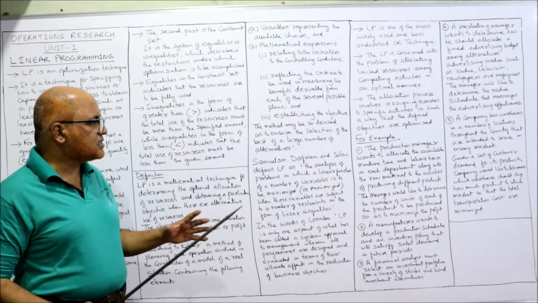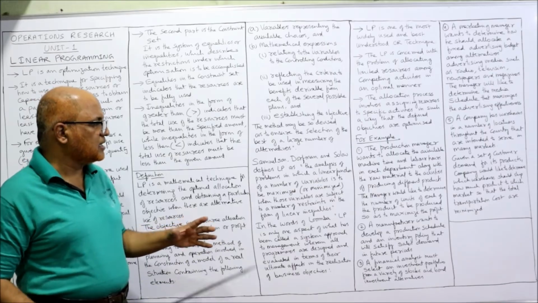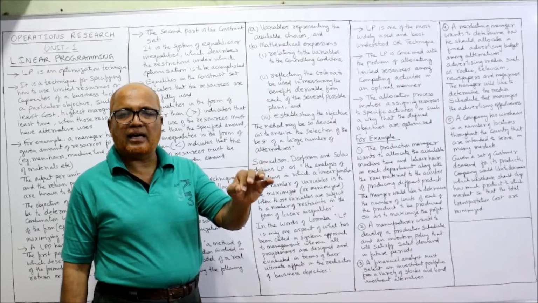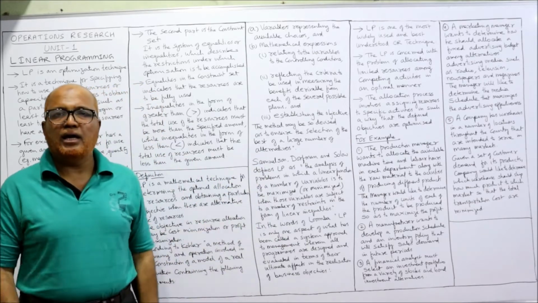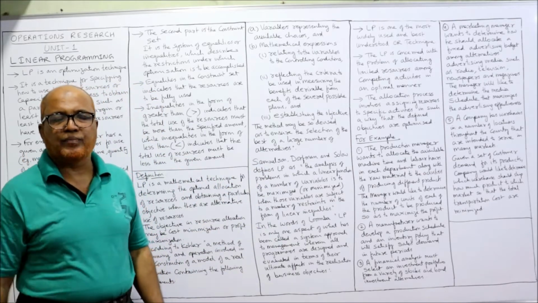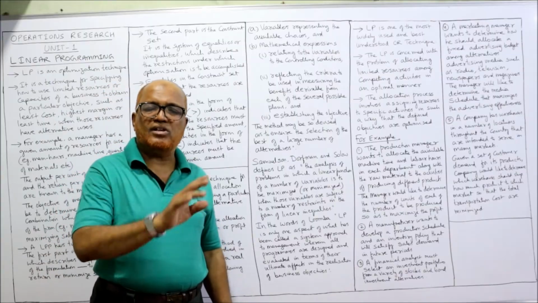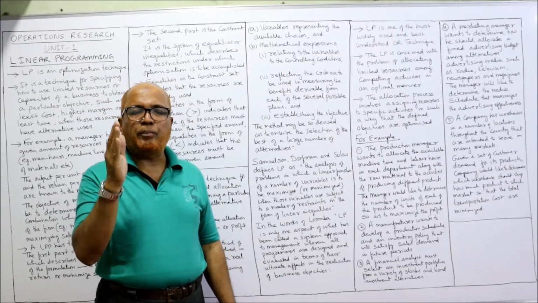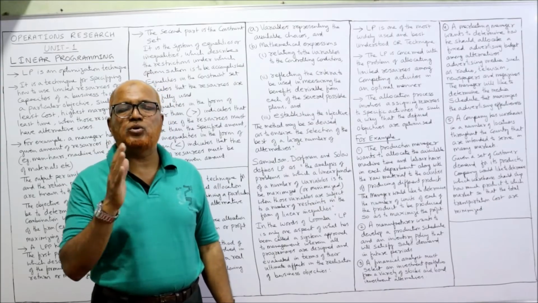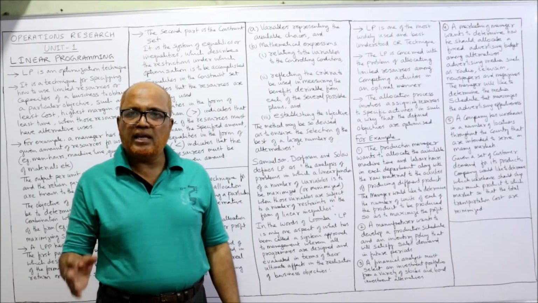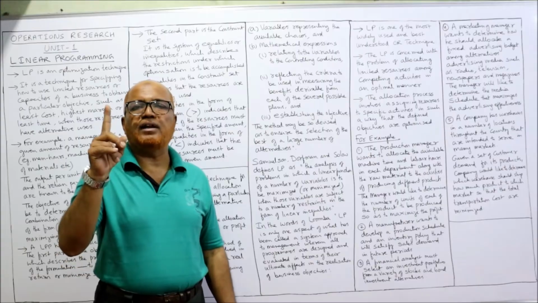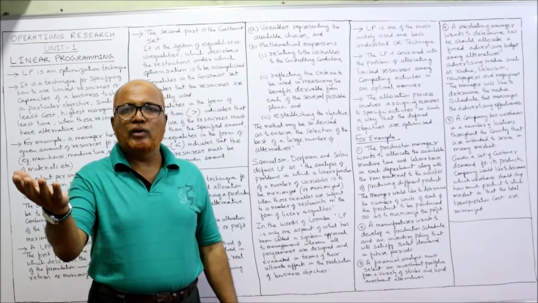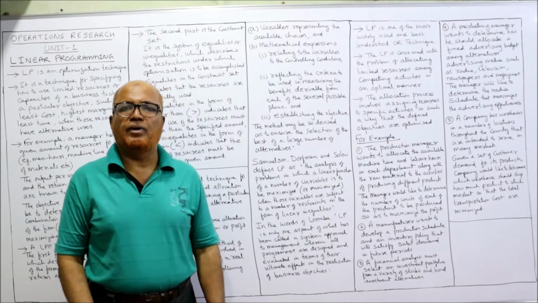See here, what Samuelson, Dorfman, Solow say is that it's analyzing the problem. This linear programming is the technique of analyzing the problem in which a linear function. What is linear? In the previous video I explained that linear means there is a proportional relationship between the variables. For example, if 1 unit consumes 1 kilogram of material, then 2 units must consume 2 kilograms of material.